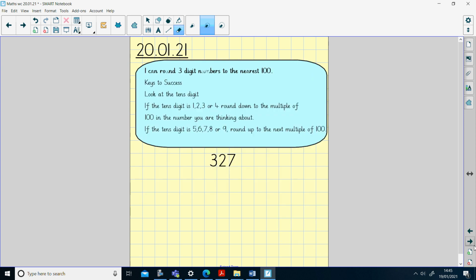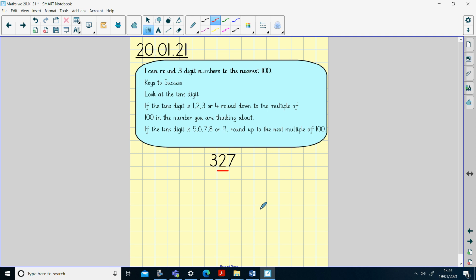Let's have a look at one. So we've got on the screen 327. My keys to success here tell me that I've got to look at the tens digit. That's the first thing that's different today. So in my number here, my tens digit is the 2, 327.